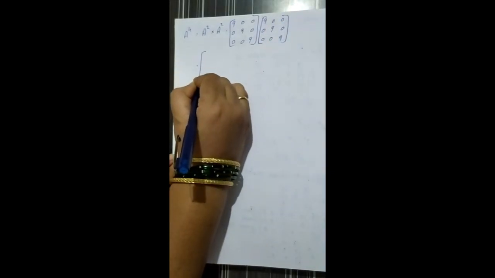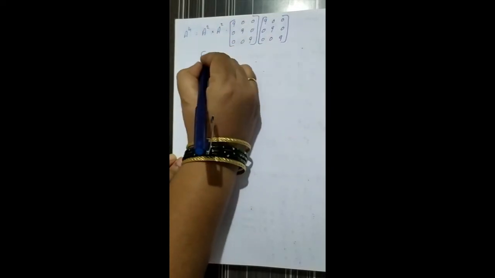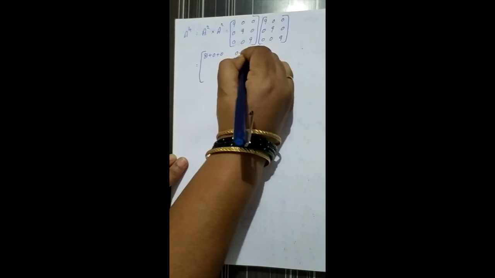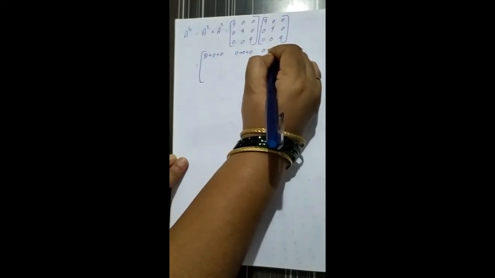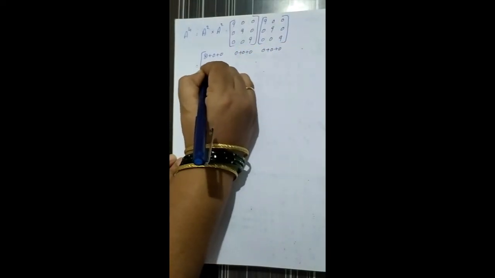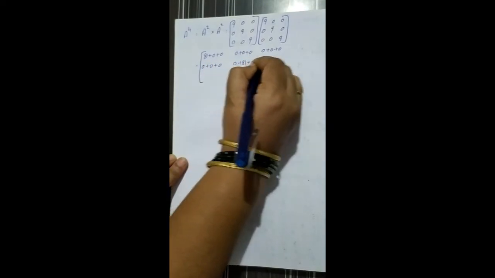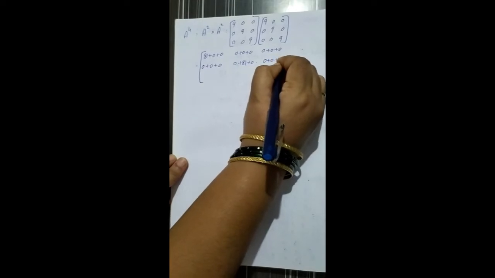That is equal to: first row 81 plus 0 plus 0, 0 plus 0 plus 0, and so on.